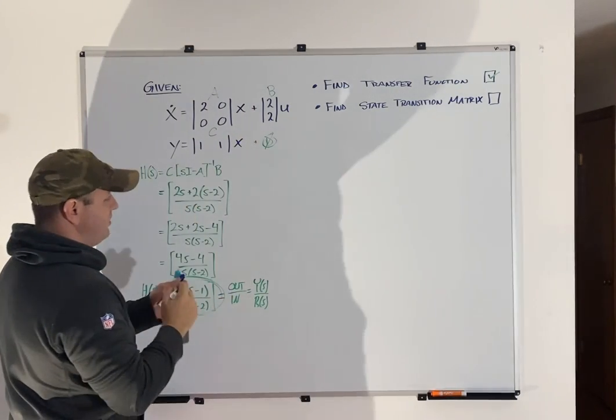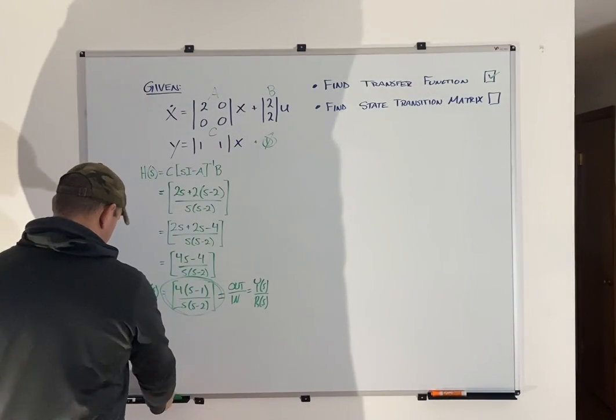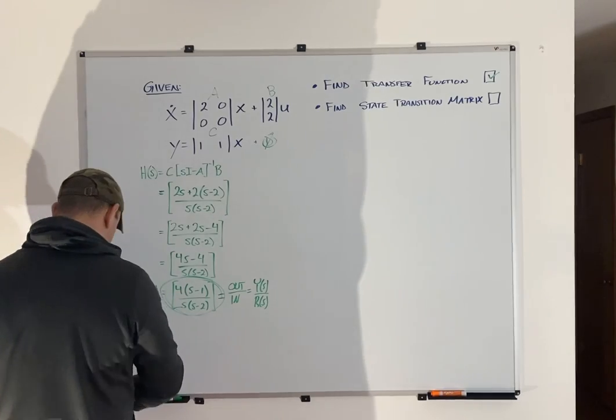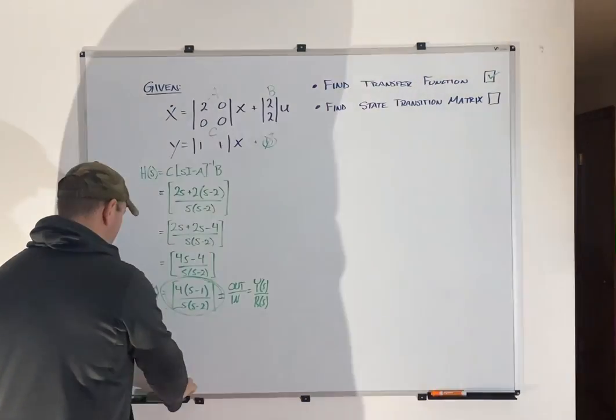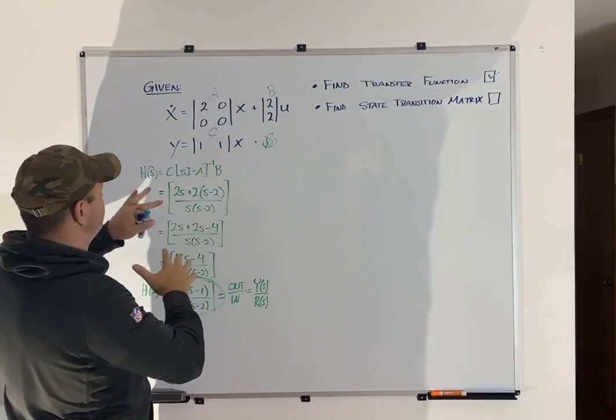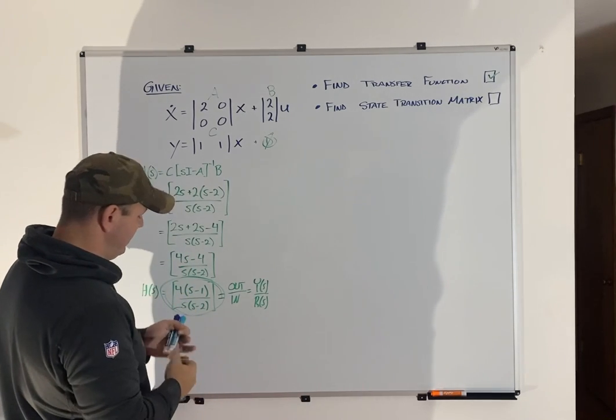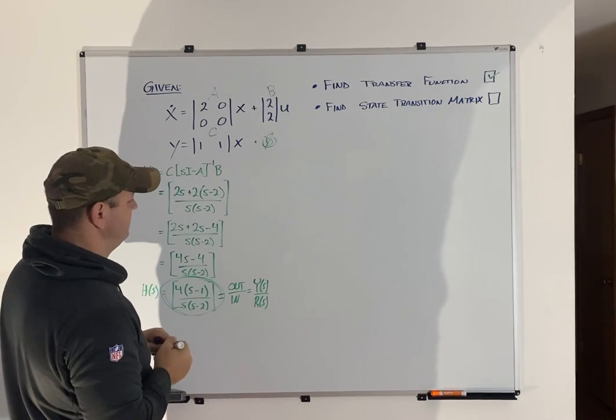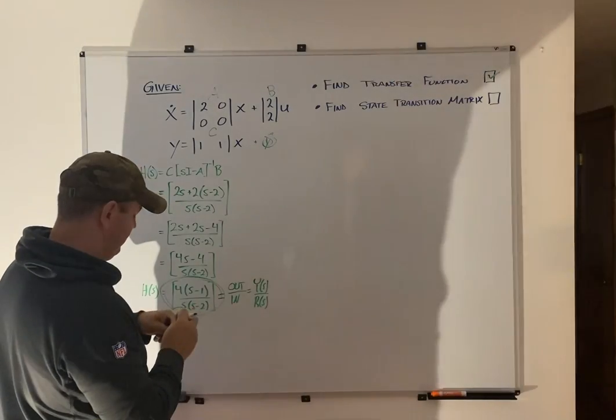Next, we're going to find the state transition matrix. What you do to find the transfer function from a state space can be helpful, but we're just going to do it from scratch here.